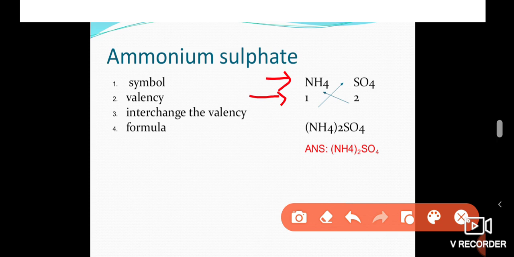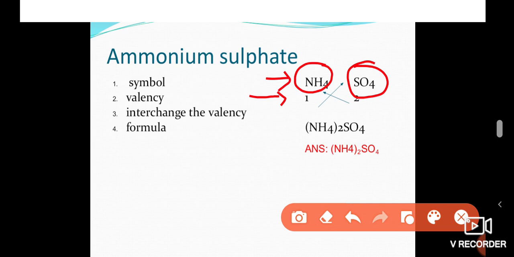So NH4 attains 2 and SO4 attains 1. NH4 and SO4 are both polyatomic ions, isn't it? So more than one polyatomic ion means we put it inside the bracket.